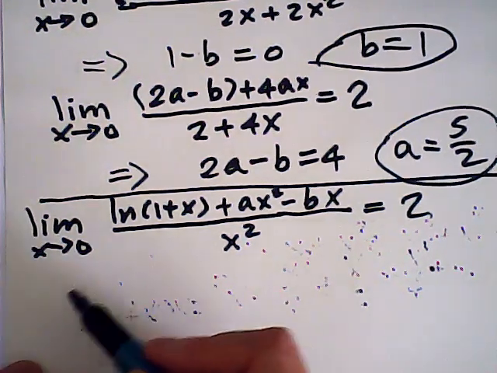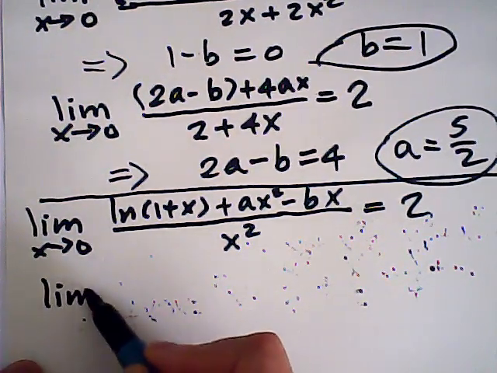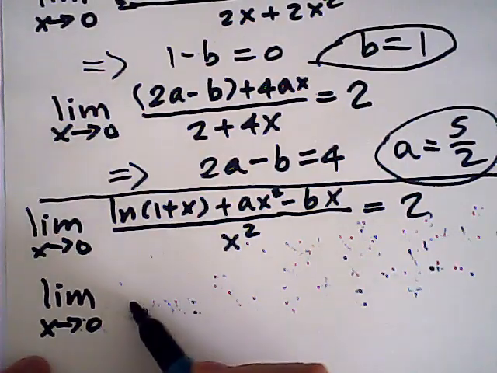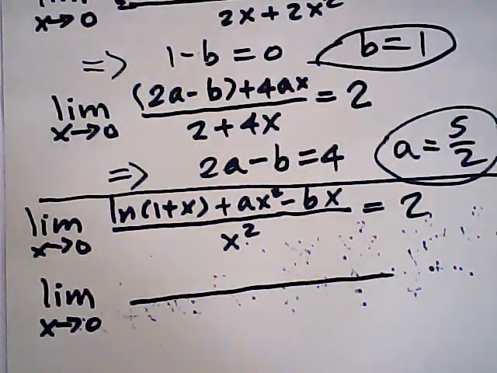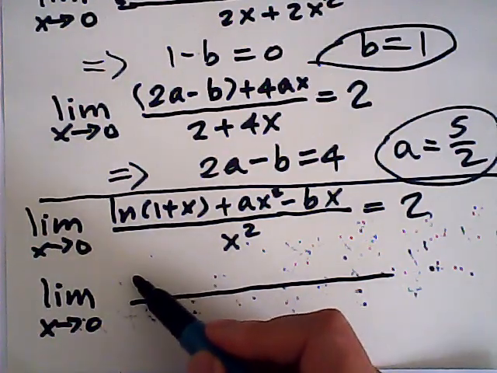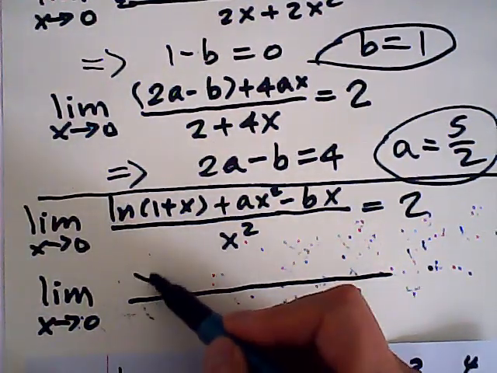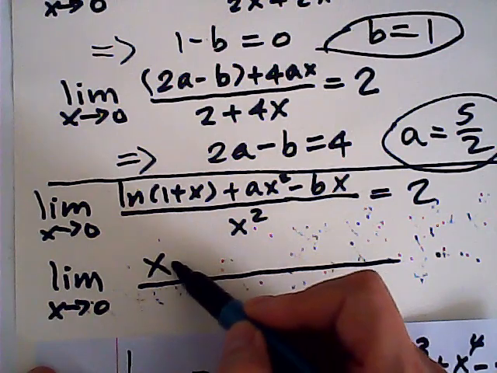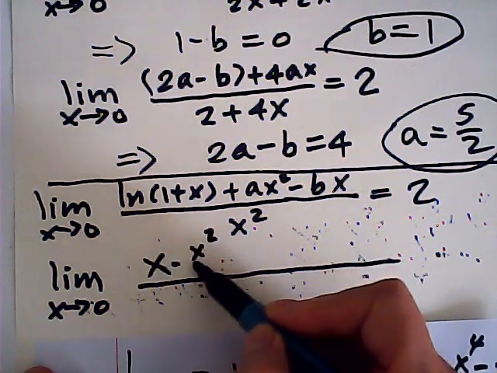Therefore, this one is the limit as x goes to 0. This one is equal to x minus half x squared.